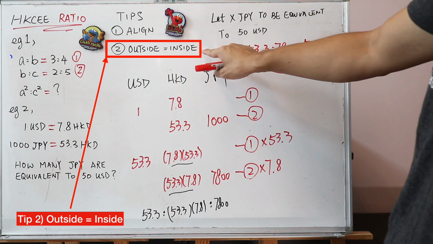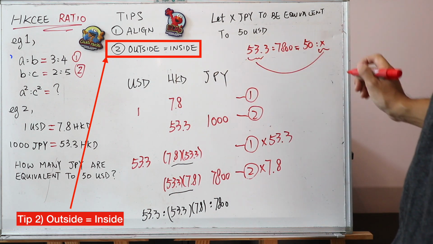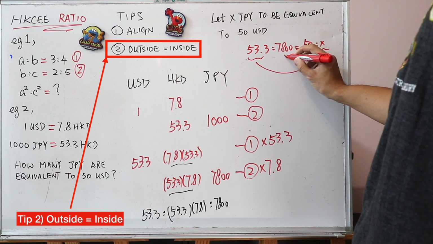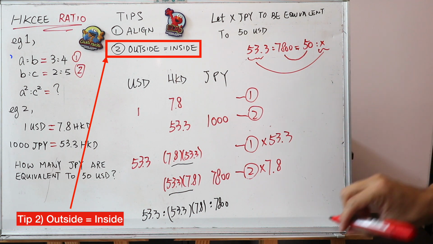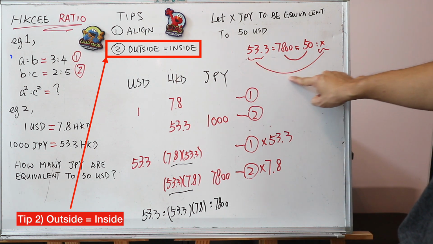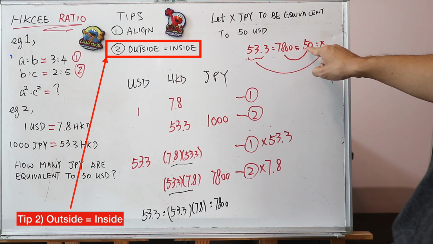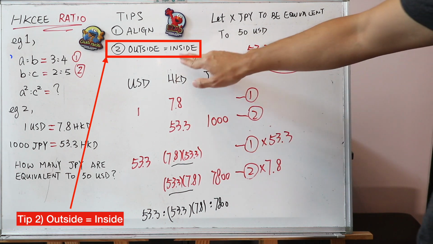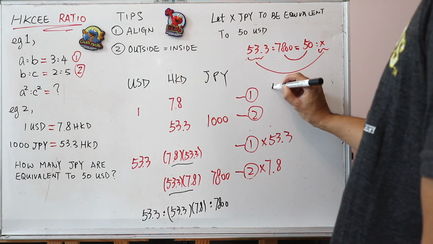Okay? And the inside are the numbers that are closest to this equal sign. So these two numbers, 7,800 and 50, are the inside. If you multiply the numbers that belong to the outside and multiply the numbers that belong to the inside, they must be the same. That's what I meant by outside is equal to inside.